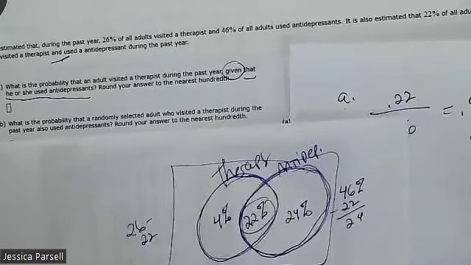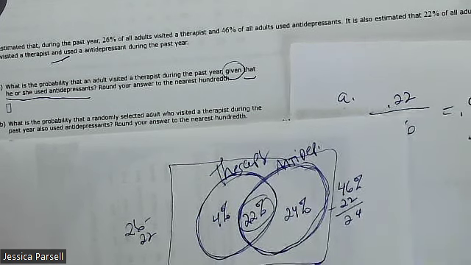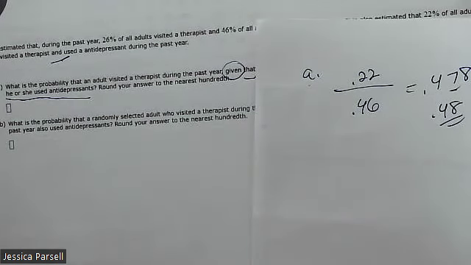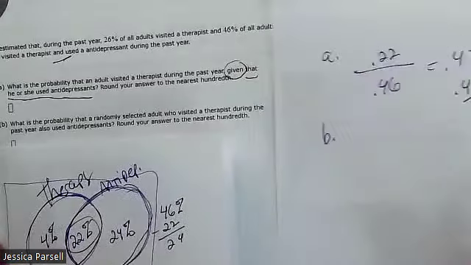Okay, second, part B. What's the probability that a randomly selected adult who visited a therapist during the past year also used antidepressants? Let's see here. I'm going to make this table a little tinier. They didn't use the word given, so I was looking for that word in that problem.